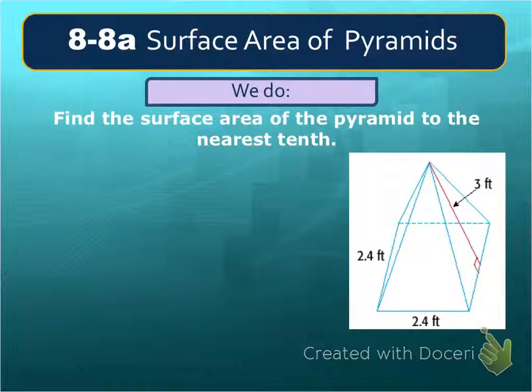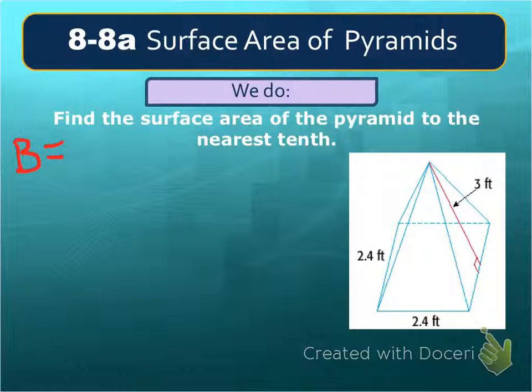Now, to find the surface area of the pyramid, we need to find the information that we need. Remember how we needed to find the area of the base and the perimeter? We need to do the same thing with this one. So first off, let's find the area of the base. This base, if you notice, is a square.